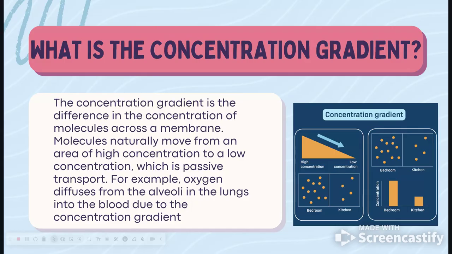This movement actually doesn't require energy, and it's called passive transport. An example of this is oxygen in the lungs. Oxygen in the lungs moves into the blood because of this gradient, and it doesn't require energy, it just does it naturally.